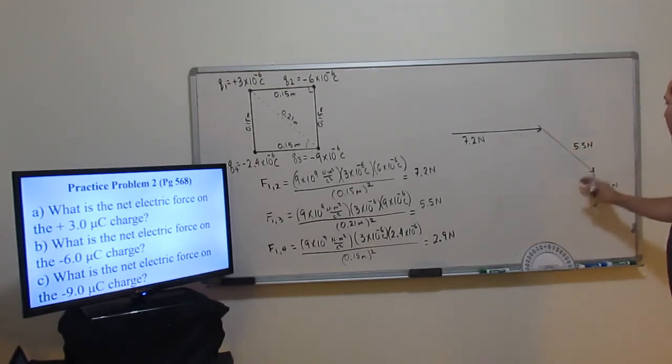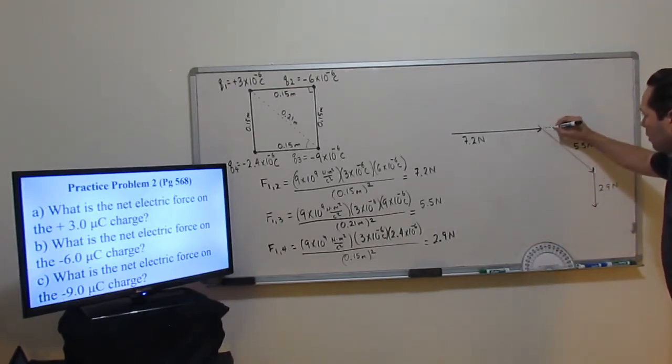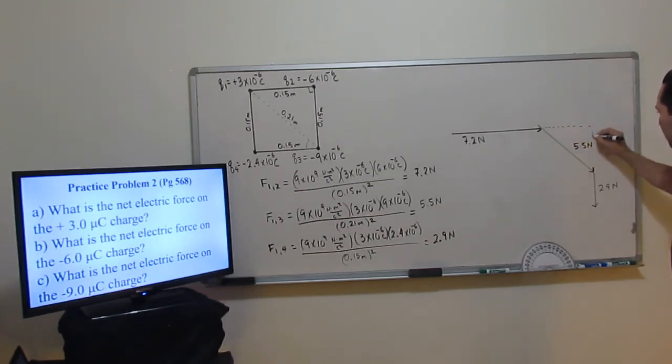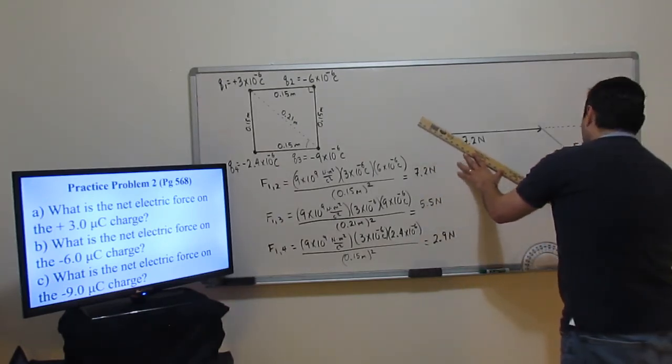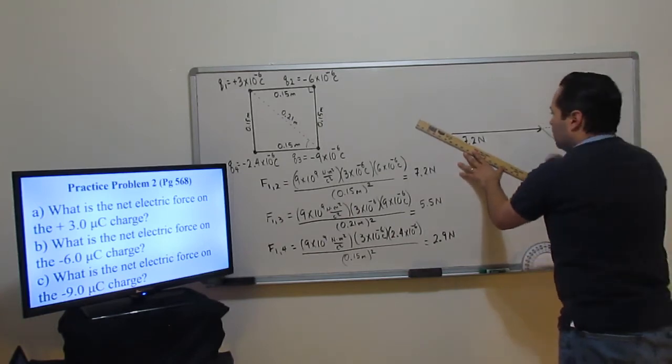Notice that this one and that are perpendicular, the 7.2 and the 2.9. So the question is, what is this value?